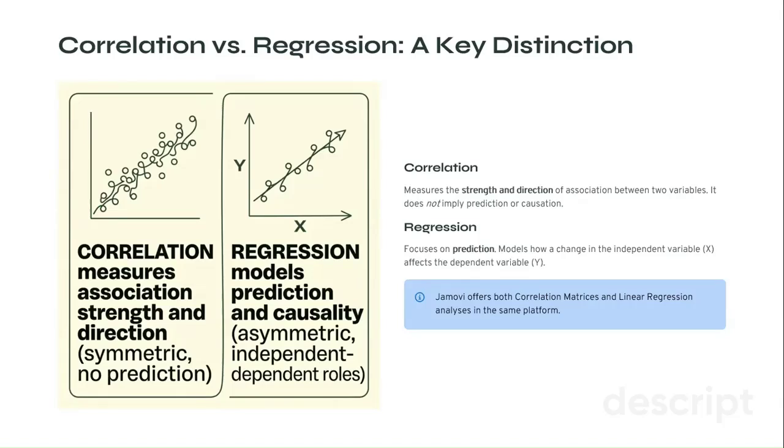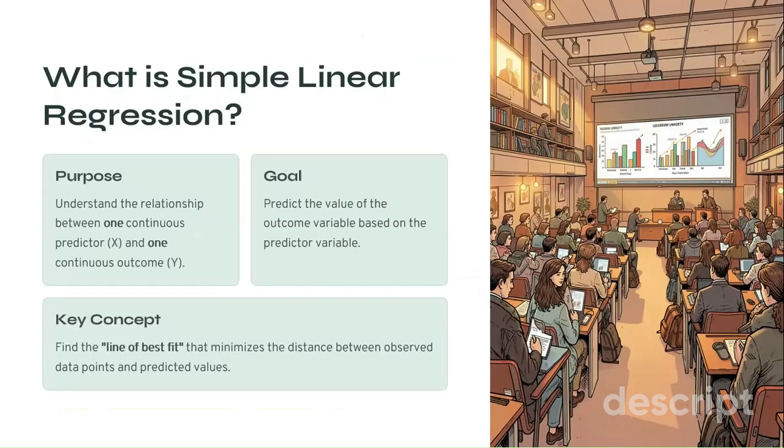For example, correlation tells us whether study hours and exam scores are related, while regression helps to predict exam scores based on study hours. So, regression focuses mainly on prediction and modeling relationships.